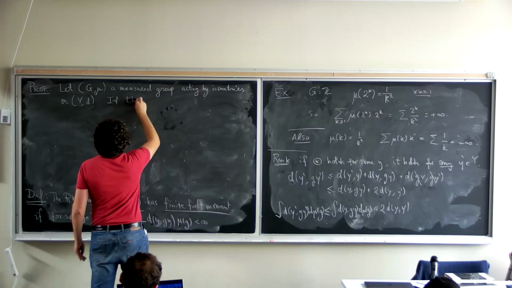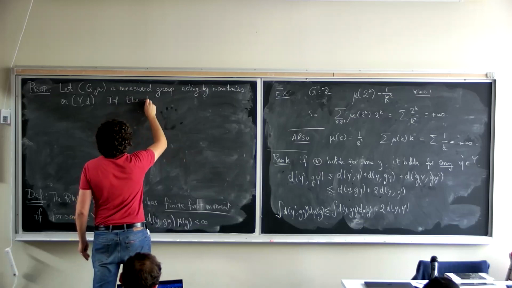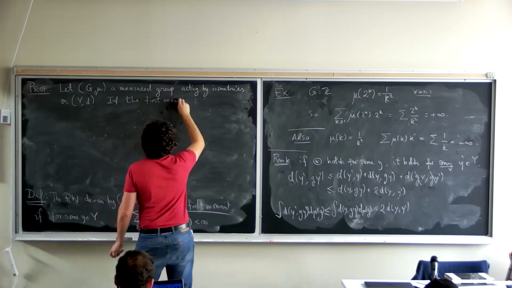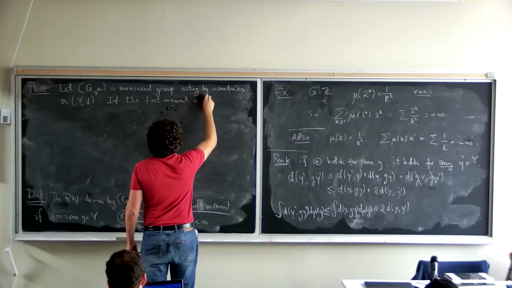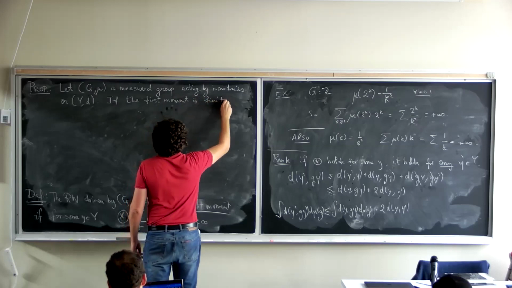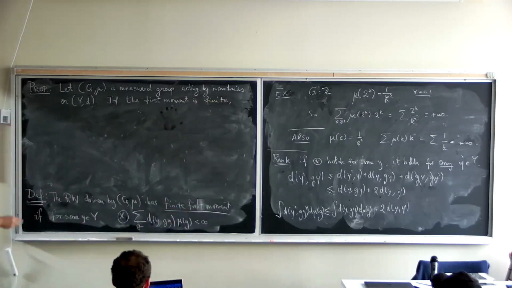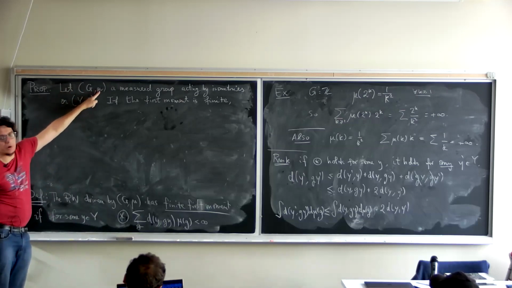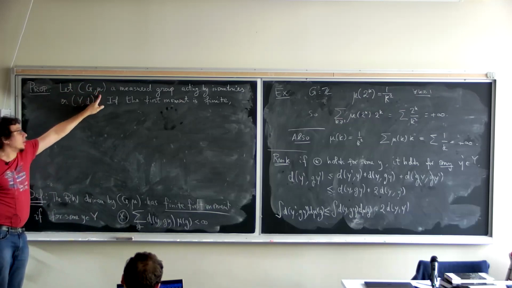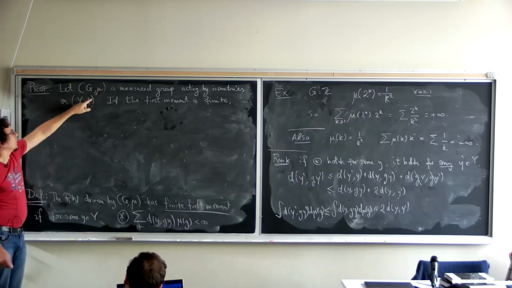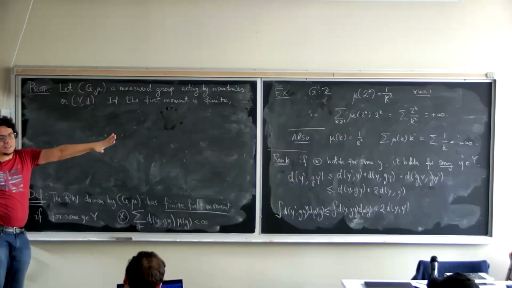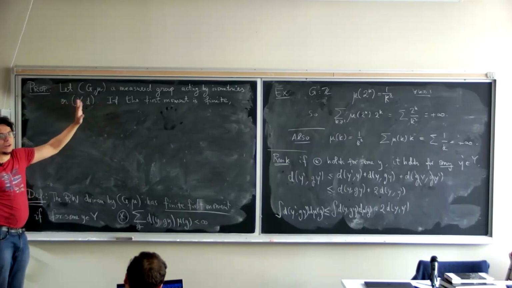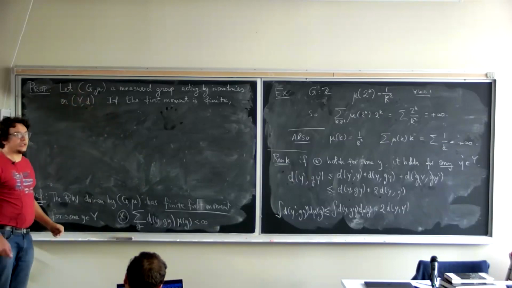If the first moment is finite, you see the first moment depends on the measure, because you're doing the integral, and also on the distance. You could have a group acting on different spaces, and on different spaces the first moment could be finite or not, depending on the type of action that you have.